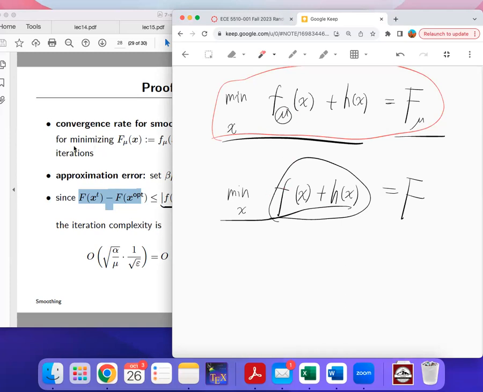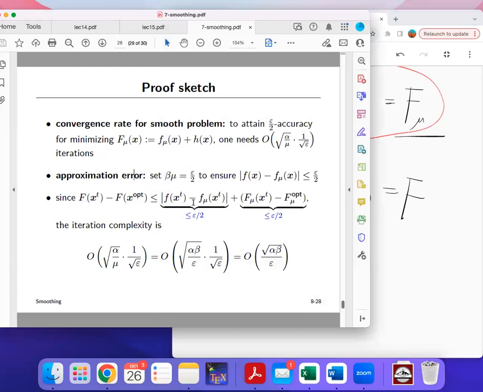We only smooth the f part. So we can decompose it as an approximation error plus an optimization error. And now both of these two parts are bounded by epsilon over 2. Therefore, the overall optimality gap is bounded by epsilon. Okay. So this proves the claim.